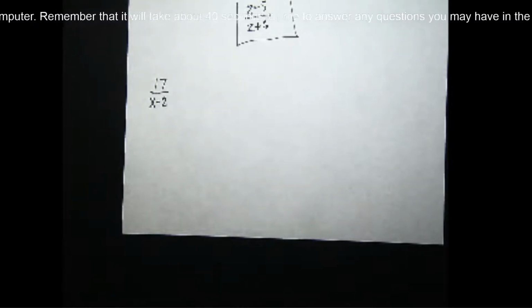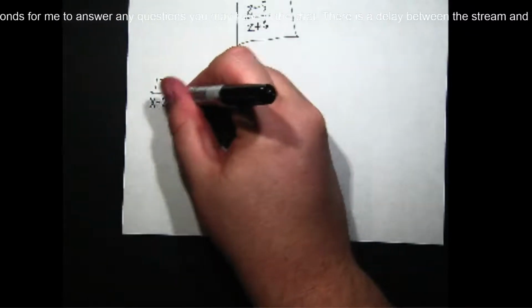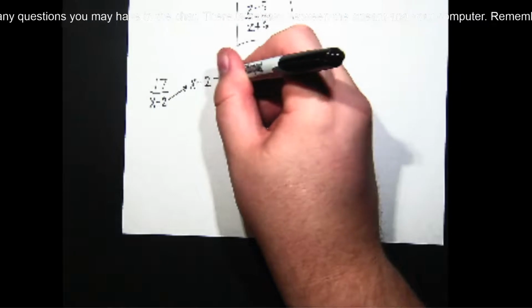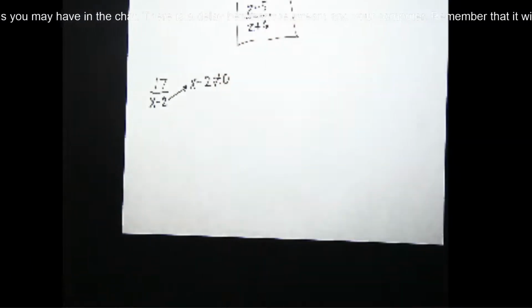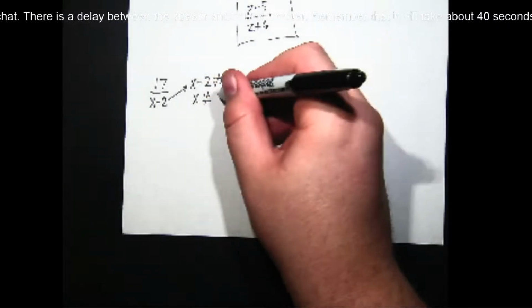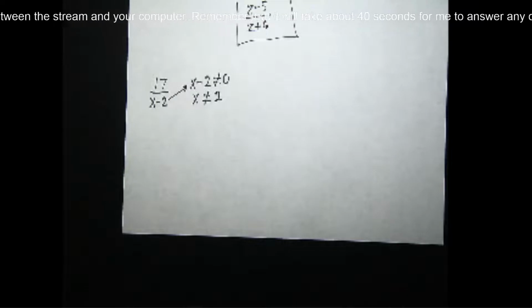Again, we don't want that bottom part to be 0, because if we divide by 0, well, it kind of breaks. So what we do is we say, okay, this bottom part, x minus 2, cannot be equal to 0. Solve it, we get x cannot be equal to 2. Simple, right?